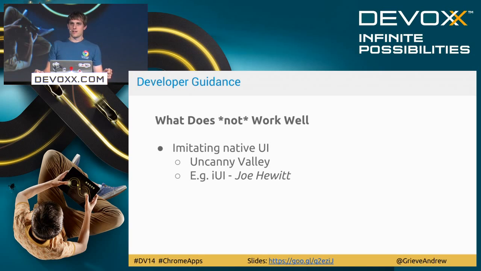He made a web JavaScript and CSS framework for rendering native looking buttons and controls on iOS. The result was pretty good, except that after you used it a while, it just felt wrong.